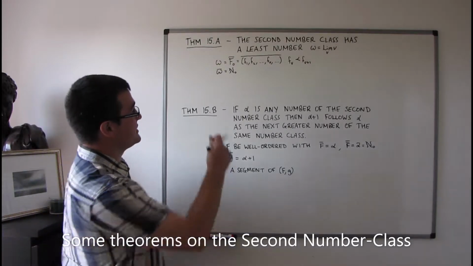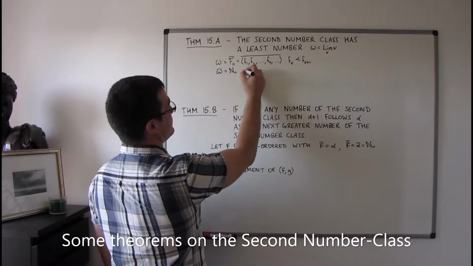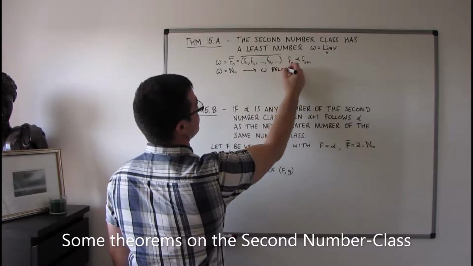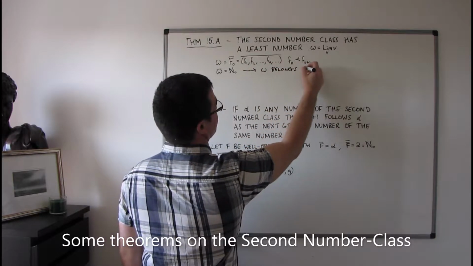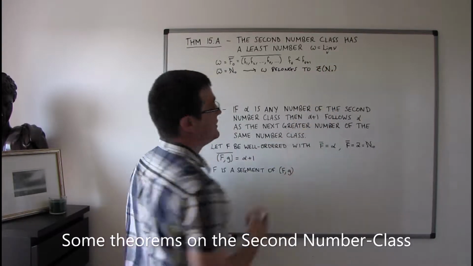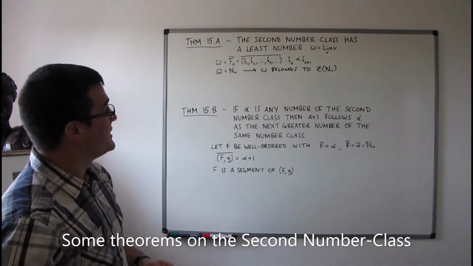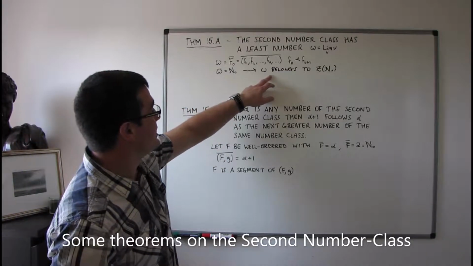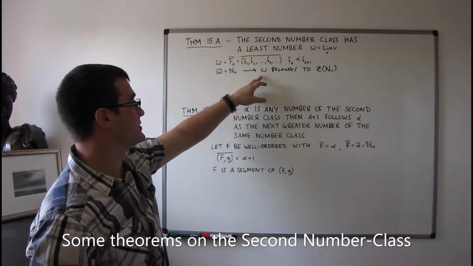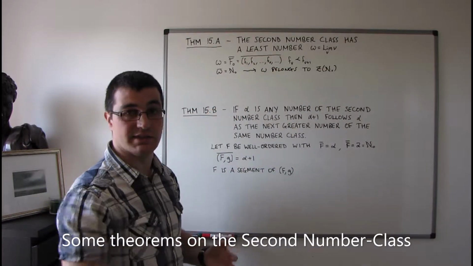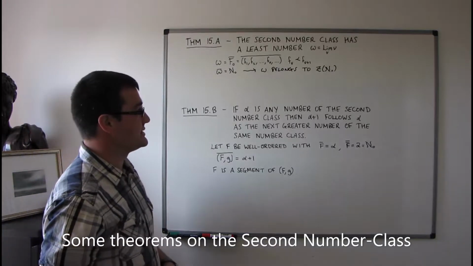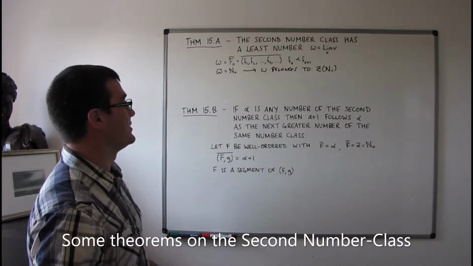That establishes the fact that omega belongs to the second number class, Z(Lf0), but we've yet to show that it's actually the least number. So omega is at least in the second number class, but now we need to show that it's the least number in that class.